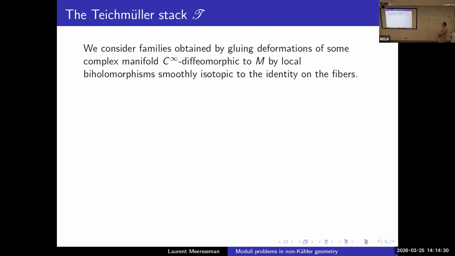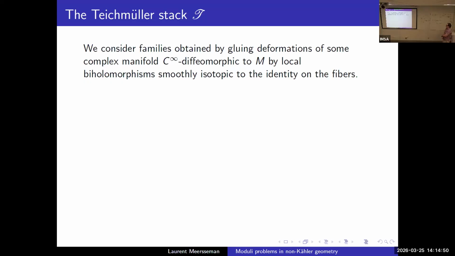So you consider all families of complex manifolds diffeomorphic to P1, if it's as always the infinite model M. And you look at all families with bases, with any analytic space as base.